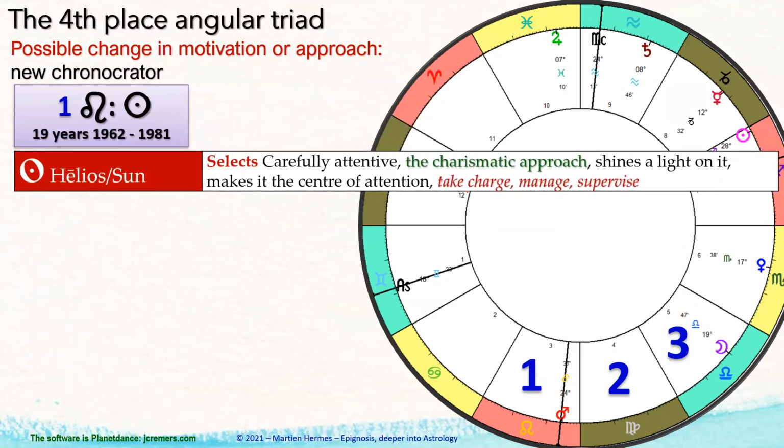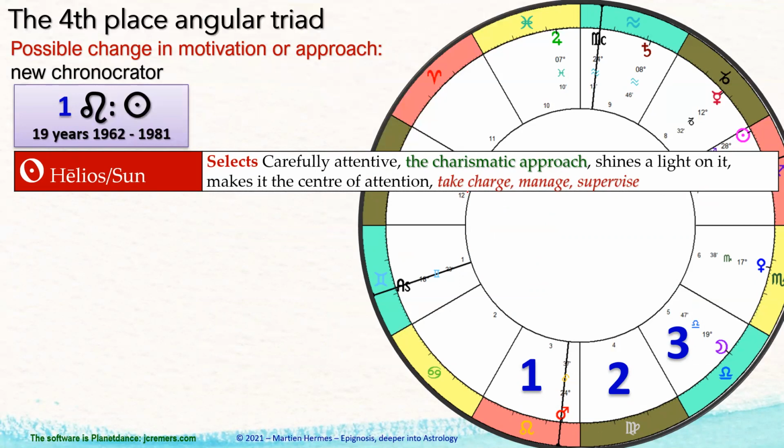So, yeah, this is simply what I published in previous videos. Each planet has its own specific talent for managing or supervising things. So that's what I'm using here as a possible take on, well, what's the most important thing in your approach to life.